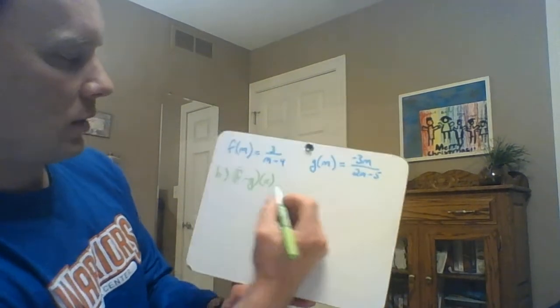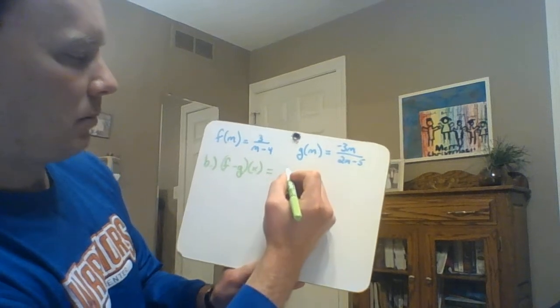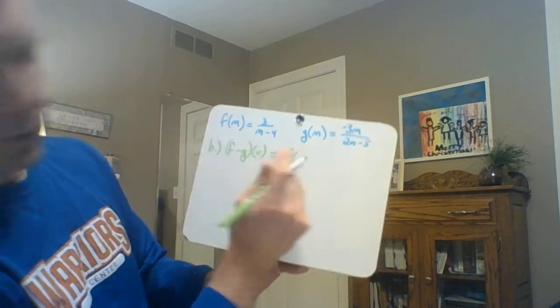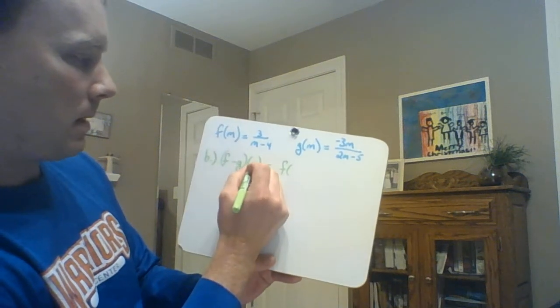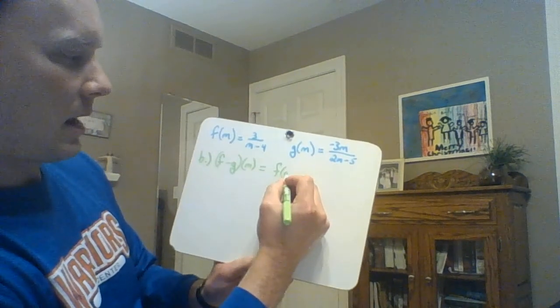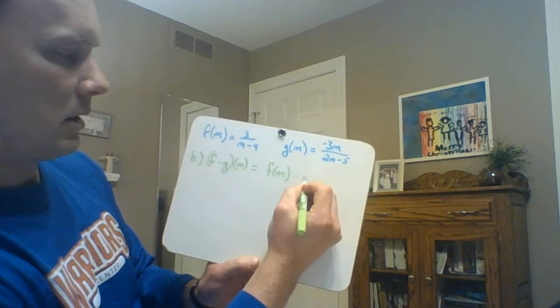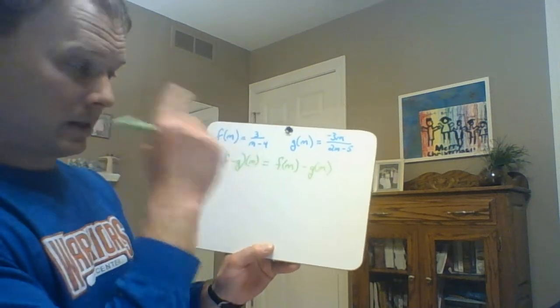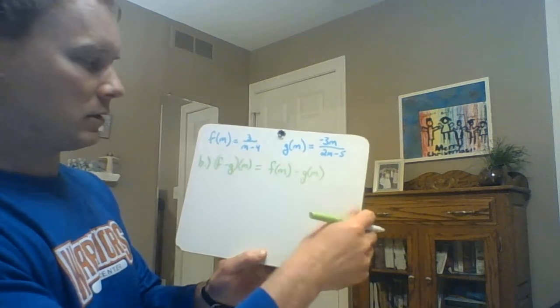Now, I first want you to understand that this notation simply means the same as f of, sorry, this was supposed to be an m. This notation means the same as f of m minus g of m. Right? Same thing, all right? This probably makes a little more sense to us.